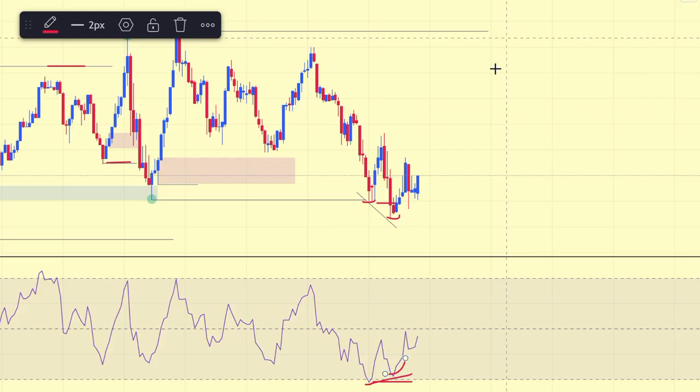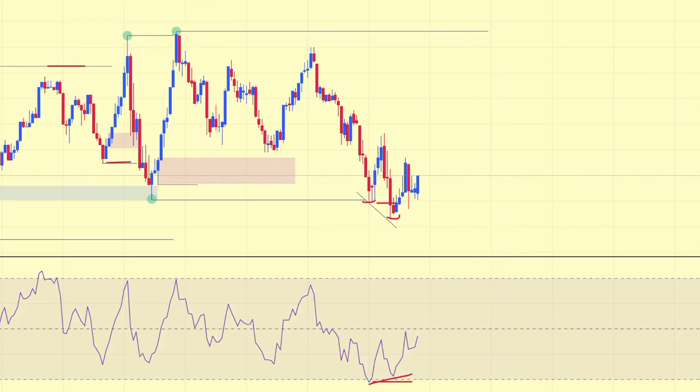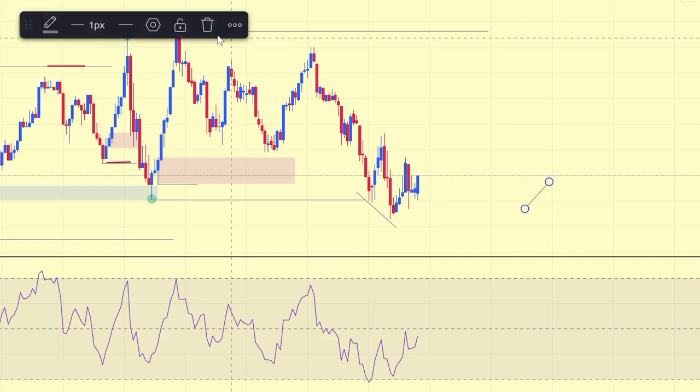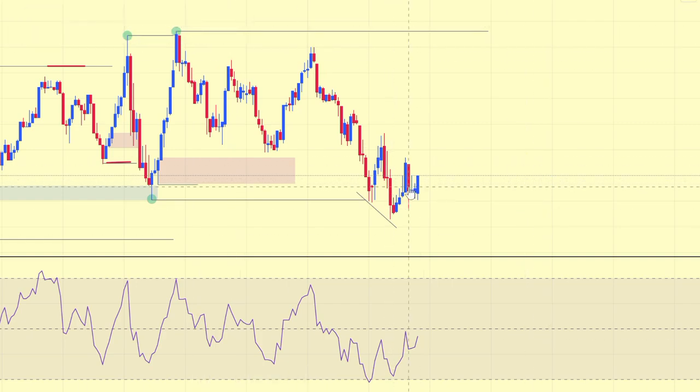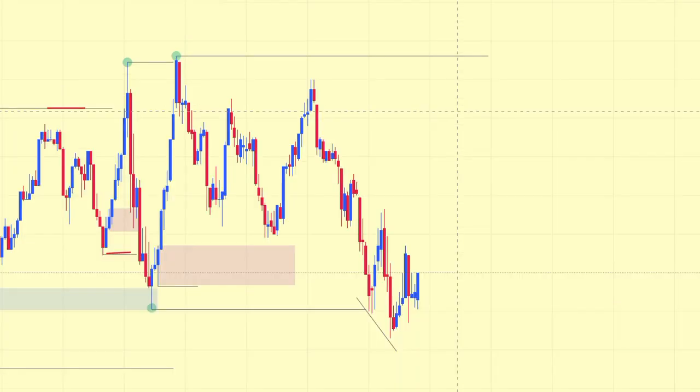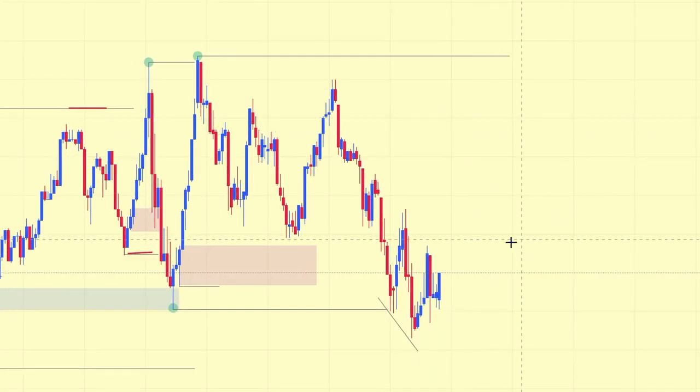So on RSI we were making a higher high, but on the price a lower low. This means that our bullish momentum is still there, and this here can be a possible liquidity sweep. So in this case, I can take the trade, of course, after this second leg.